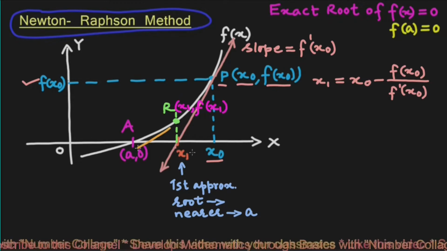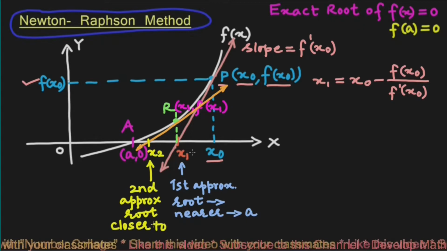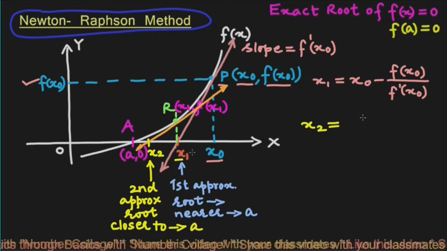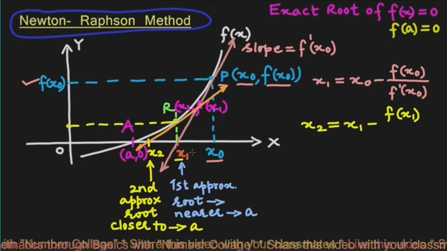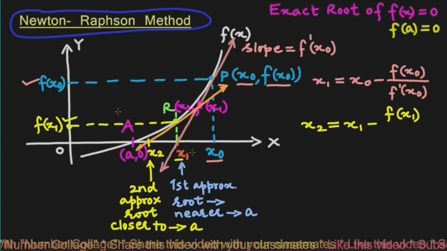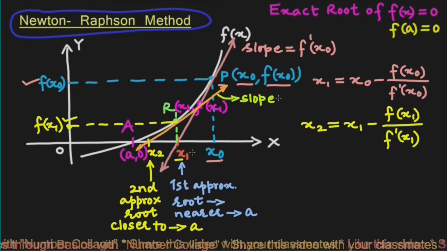We will draw a tangent to this curve which cuts the x-axis at point x2, which is the second approximate root, still closer to the exact root A, and this we write according to the Newton Raphson method as x2 equals this x1 minus f of x1, which we can find by drawing a horizontal line from R cutting the y-axis here, upon f dash x1, which is the slope of this tangent at point R.